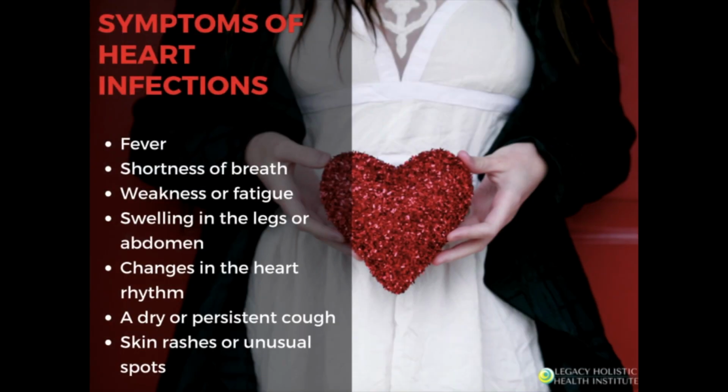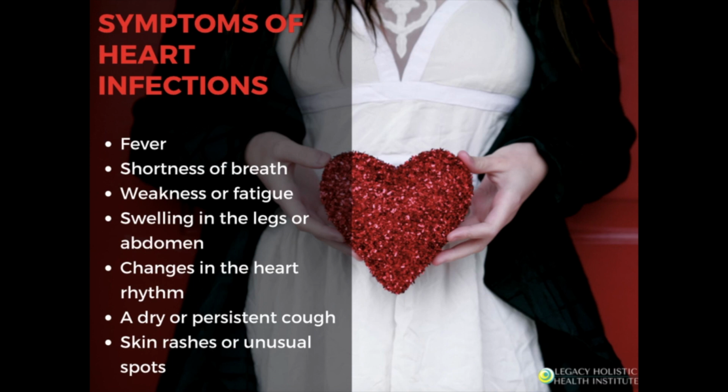Now that we know some of the signs and symptoms that have to do with congenital heart defects, dilated cardiomyopathy or congestive heart failure, and basic heart issues and abnormal heartbeats as well, let's take a look at some of the signs and symptoms that have to do with heart infections.